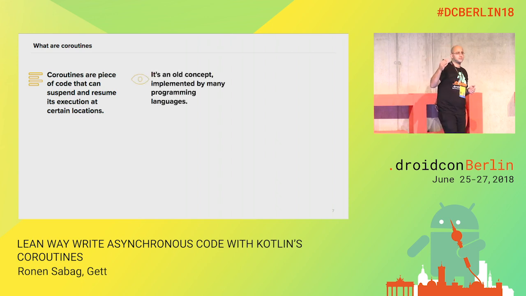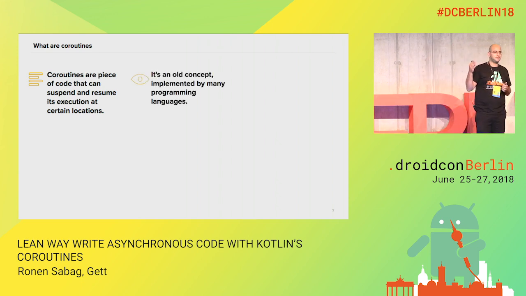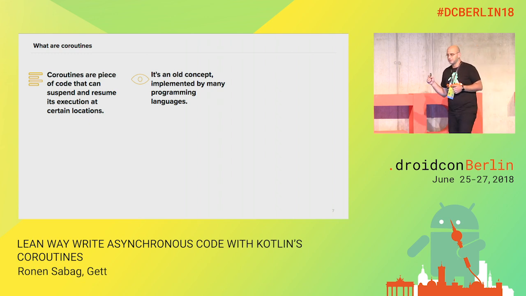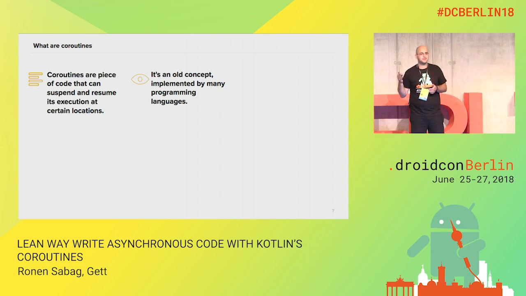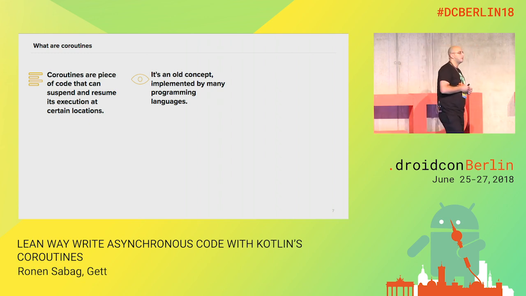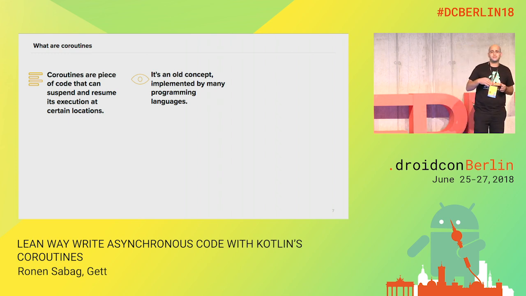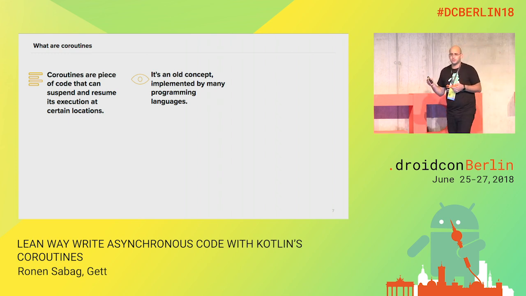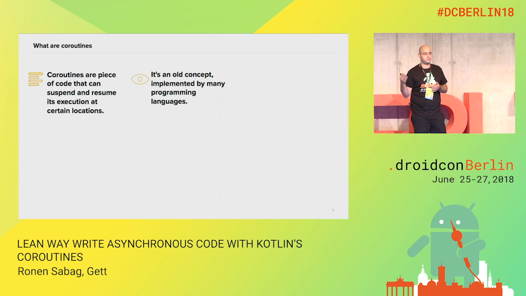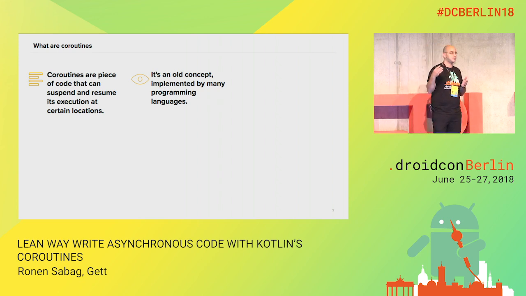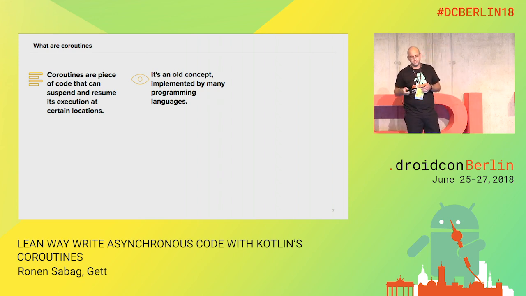It's a very old concept. Kotlin didn't invent it. It basically started sometime in the 70s. There are implementations of it in C, C++, Scheme, and even in some more modern languages like C# and Golang.